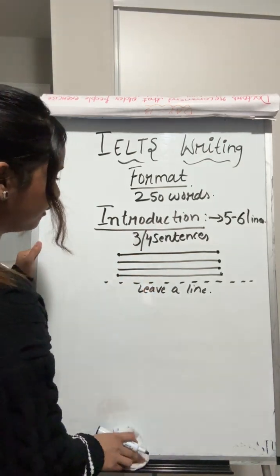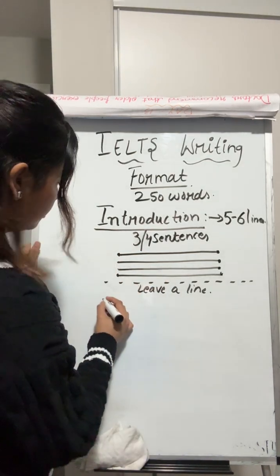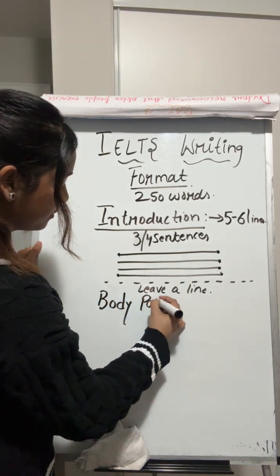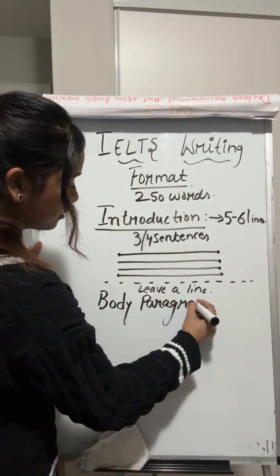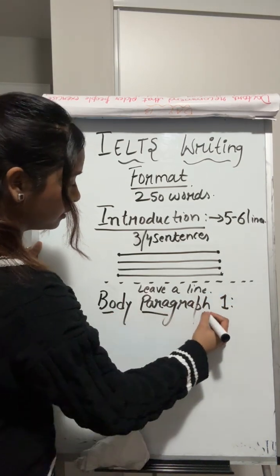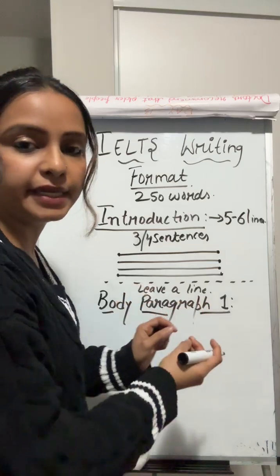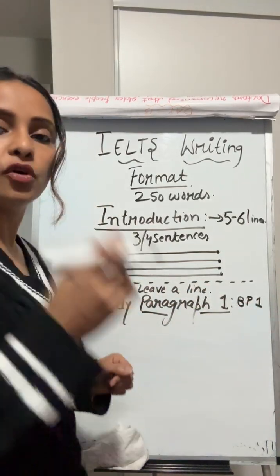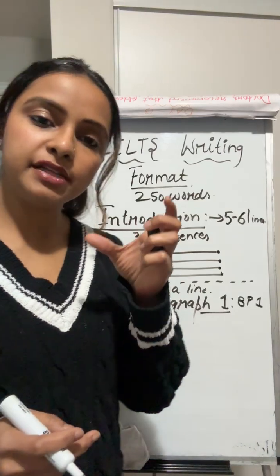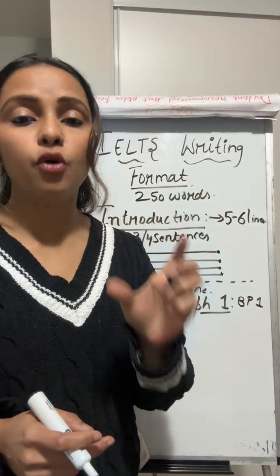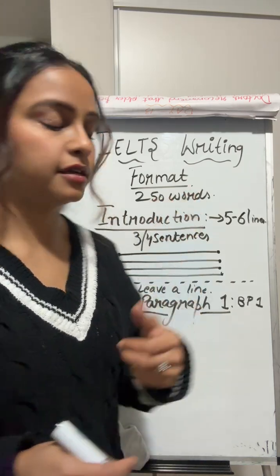Then we have the next paragraph, which is called body paragraph 1. That is called BP1. This is the main body paragraph. Body paragraph means the content, which consists of your ideas, the main body of the essay.